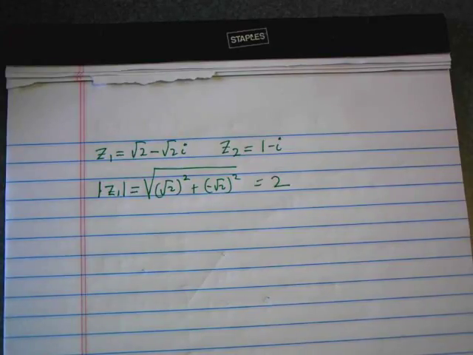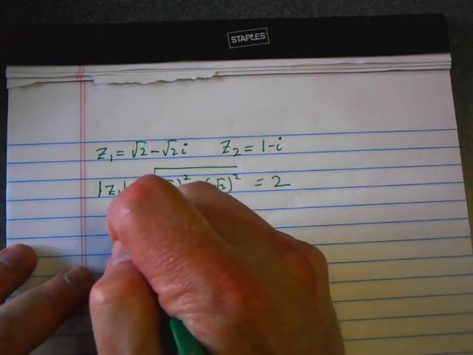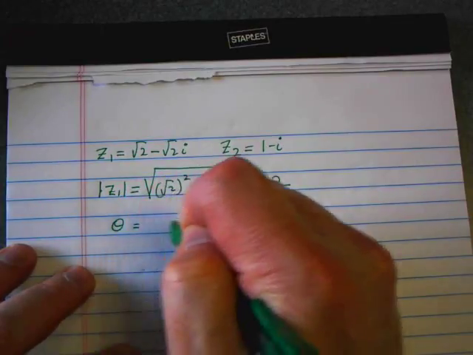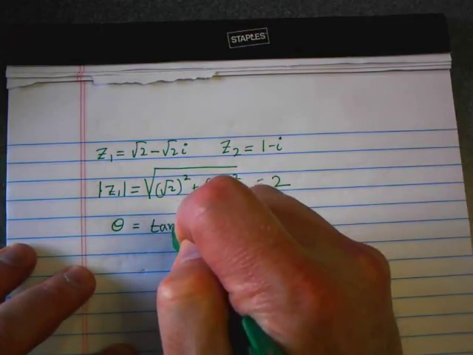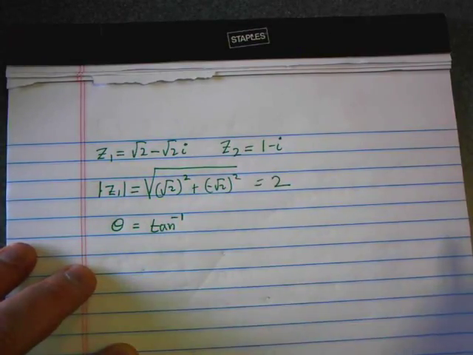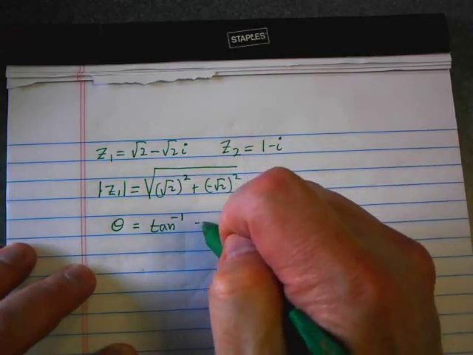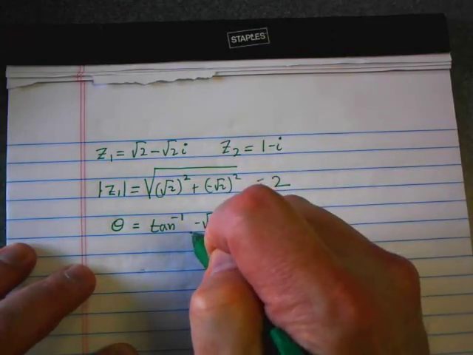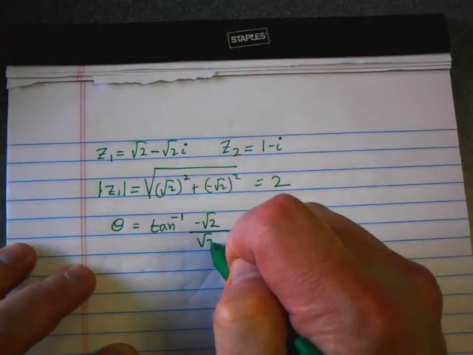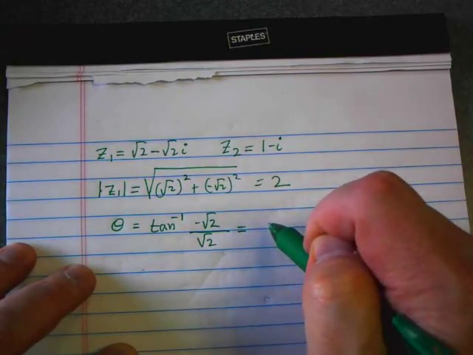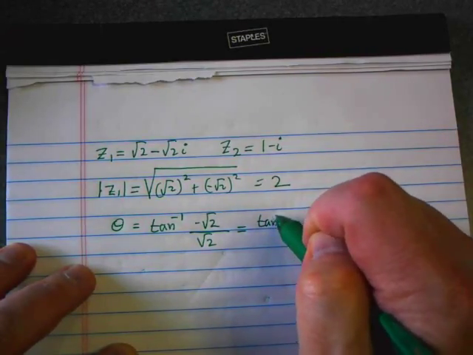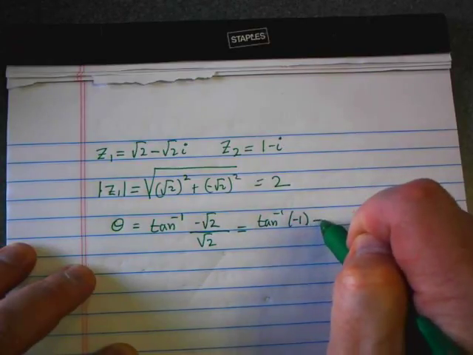And then I need to find the angle. So theta is tangent inverse of the y, which is negative square root of 2, divided by the x, which is square root of 2. So theta is tangent inverse of negative 1.